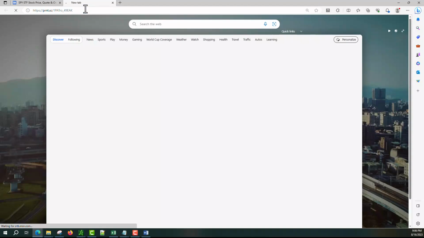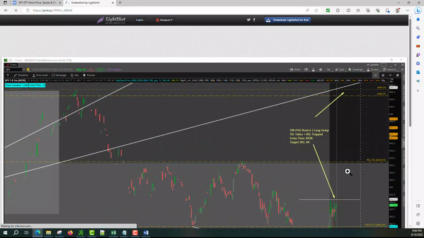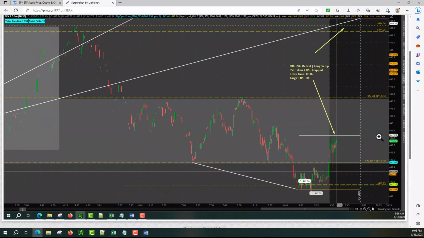Alright, so right here is the screenshot we checked, it's about 9:36. We decided to go in here. That's the practice trade we checked.